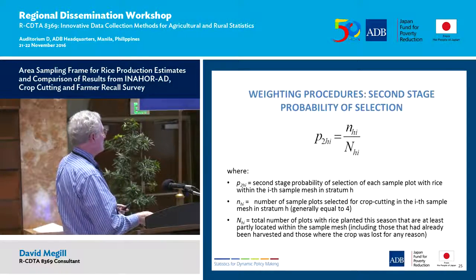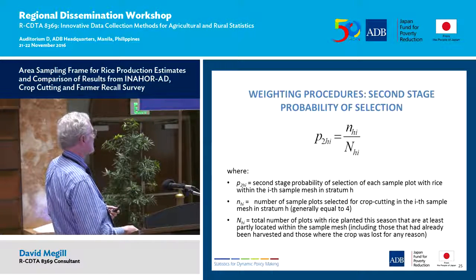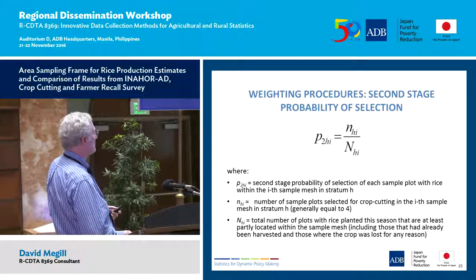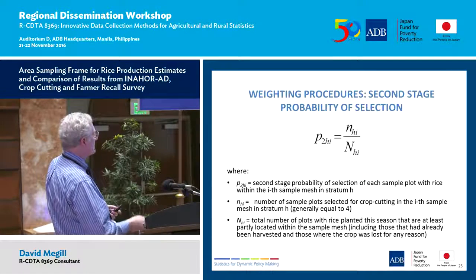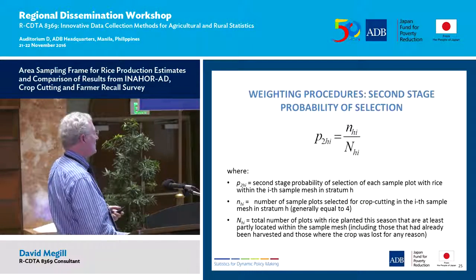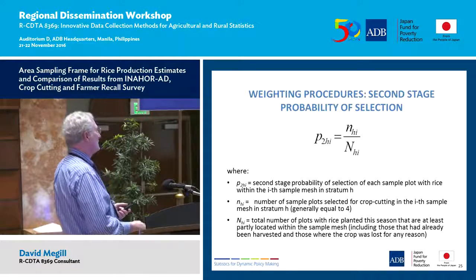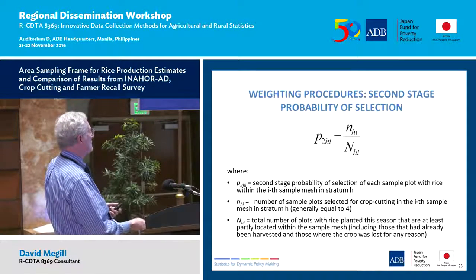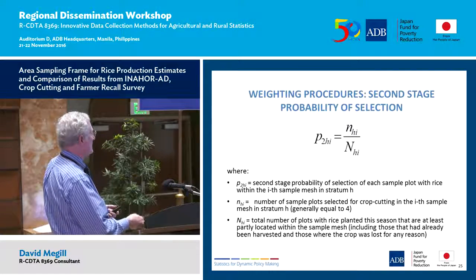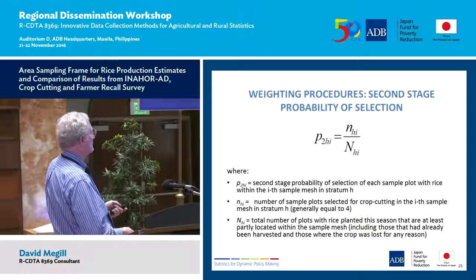We selected 4 of those, as we saw in the previous illustration, and capital N is the total number of plots that are at least partly within the mesh. Again, that was based on a simple random sample, so it's just 4 out of the number that were listed.